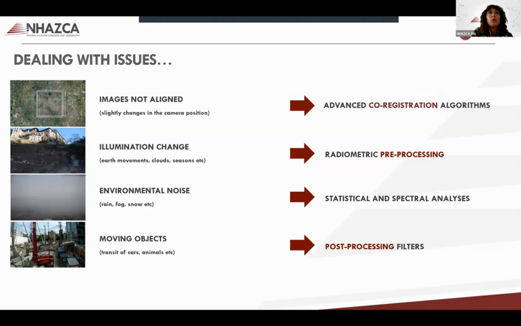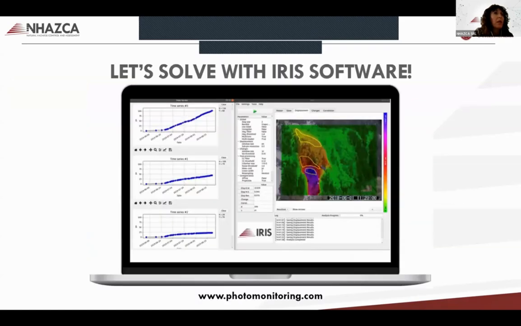So these changes that we do not want to analyze, we want to eliminate them to detect the real changes. For environmental noise, we can perform different spectral and statistical analysis. For moving objects, we can apply masks and filters in a post-processing step, for example.